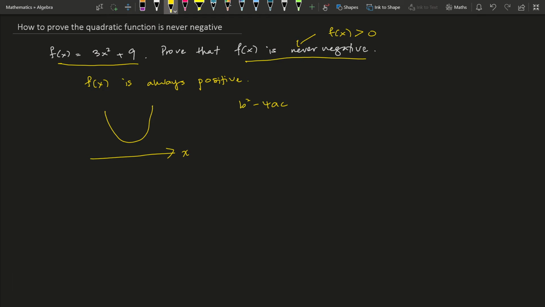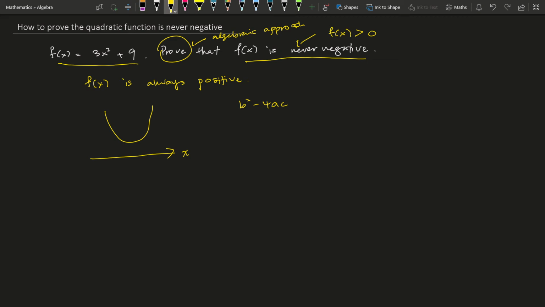It is not allowed actually. Because we are going to prove, we have to use the algebraic approach without using any formula.